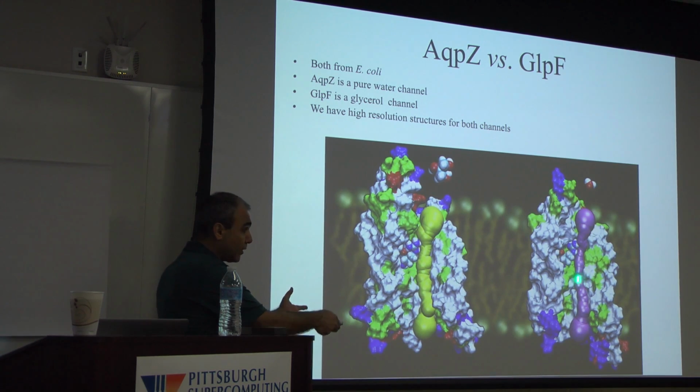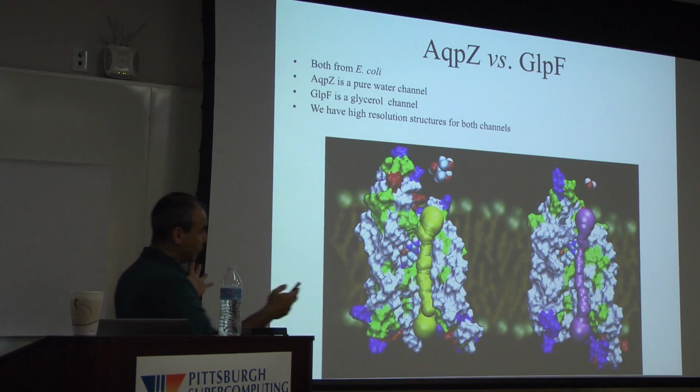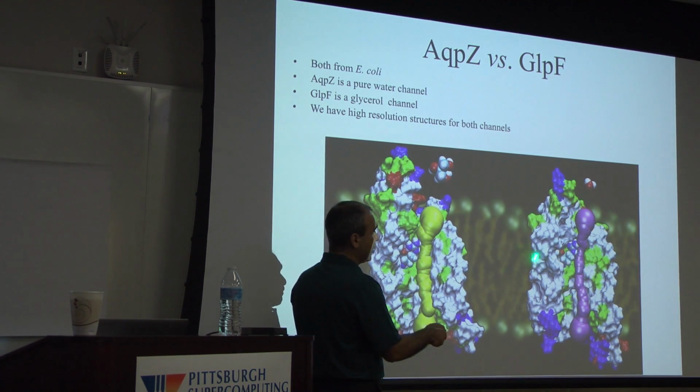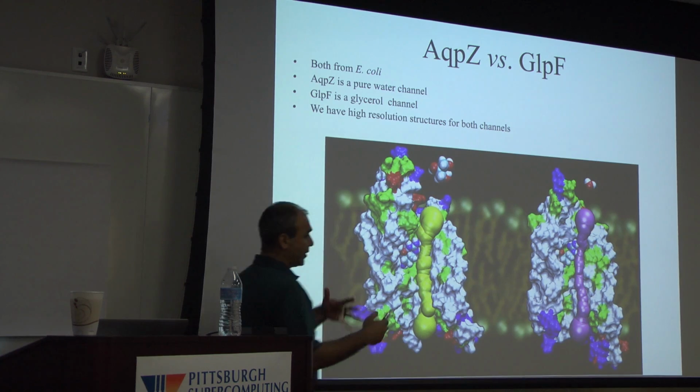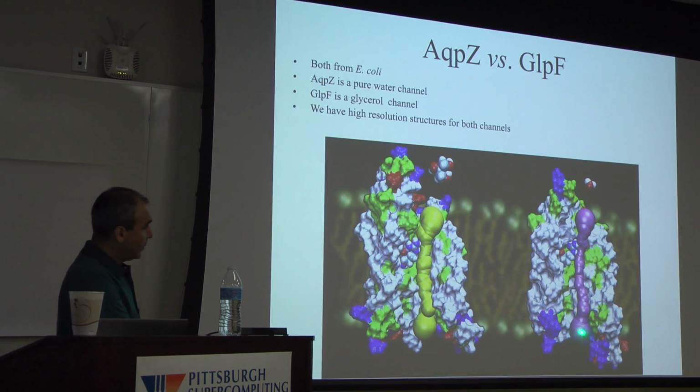We know it shouldn't take place, but we would like to induce this artificial process and see if we can compare the energetics of the two processes. That's one way of finding out where the high barrier regions are, where the constriction regions are. Is it electrostatic? Is it mechanical? What is it that allows this channel to be a glycerol channel, but the other one doesn't?